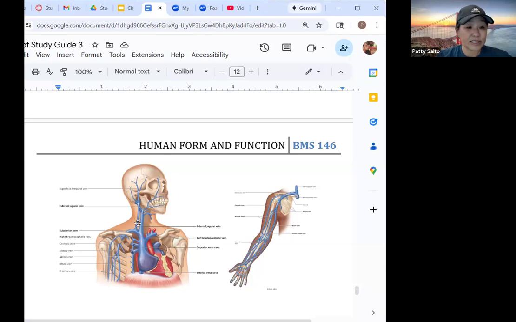This is the external jugular vein, but you don't need to know that. And then we have the subclavian vein, the axillary vein, and then the brachial veins here. And then here, we could see the cephalic vein here on the outside. You can make these bigger in yours. And then on the inside is the basilic vein, and then joining them together is the median cubital vein. All right.